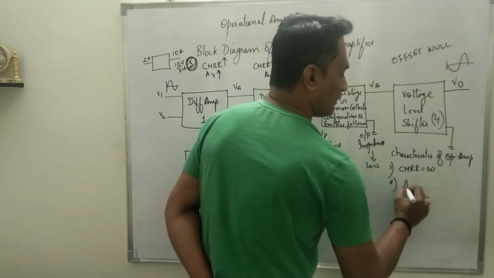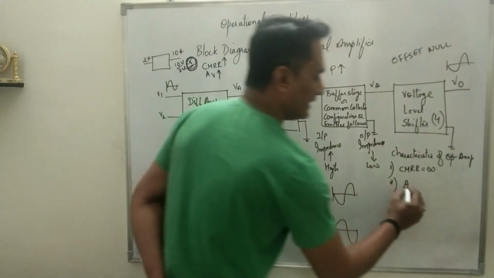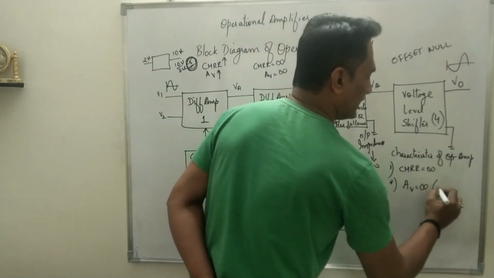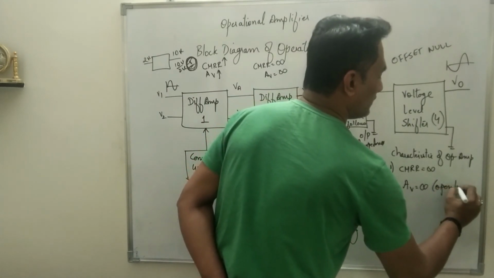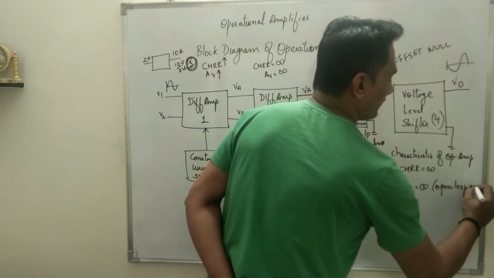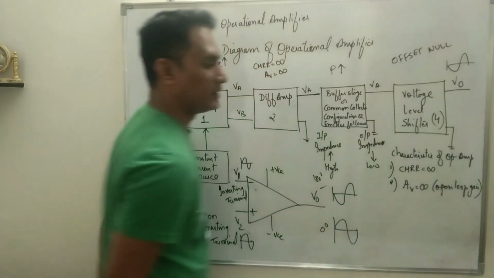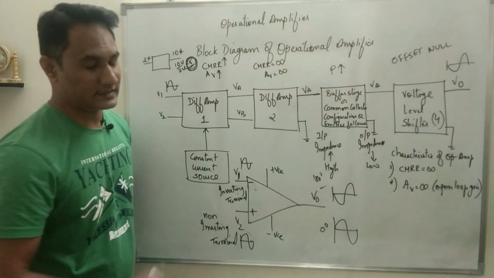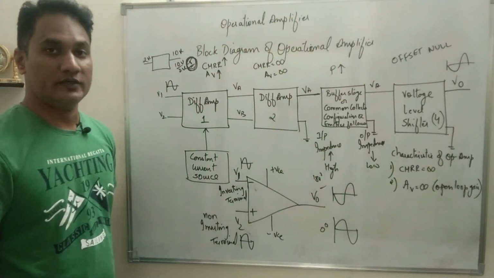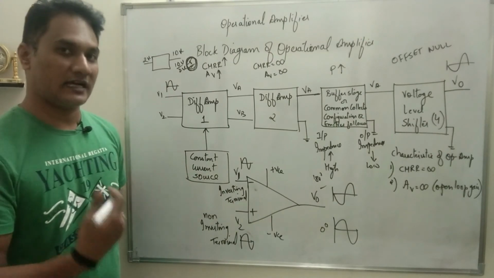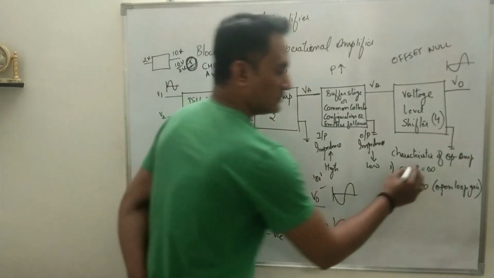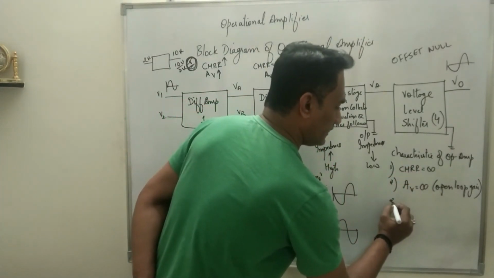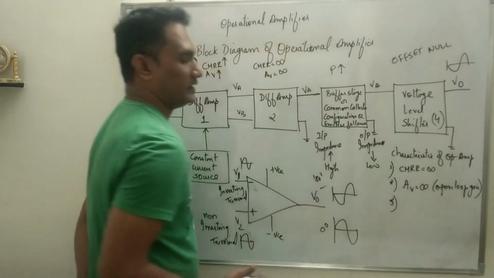Second, voltage gain AV is infinite. This is open loop gain. I will explain what exactly we mean by open loop gain in the next video on the next concept. Okay, so these two are very evident, we have already understood.